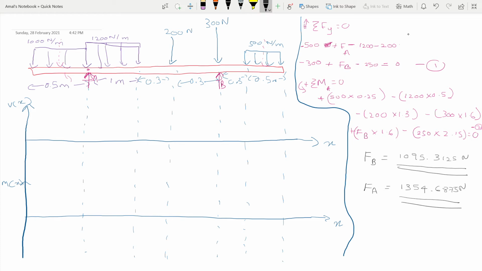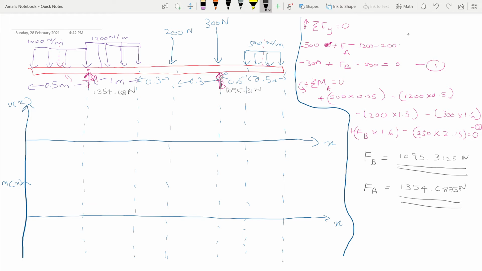Alright, beautiful. Now we know the reaction forces. So I can write down, FA is 1354.68, FB is 1095.31 newtons.